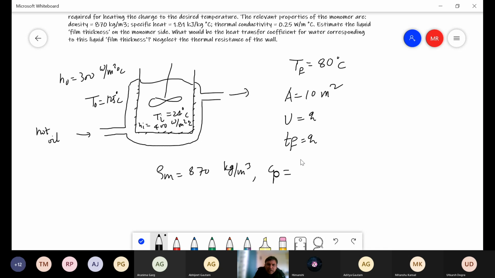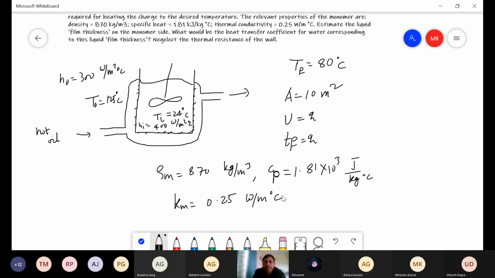Specific heat Cp is given as 1.81 into 10 raised to power 3 joule per kg per degree Celsius, and thermal conductivity of the monomer is given as 0.25 watt per meter per degree Celsius.